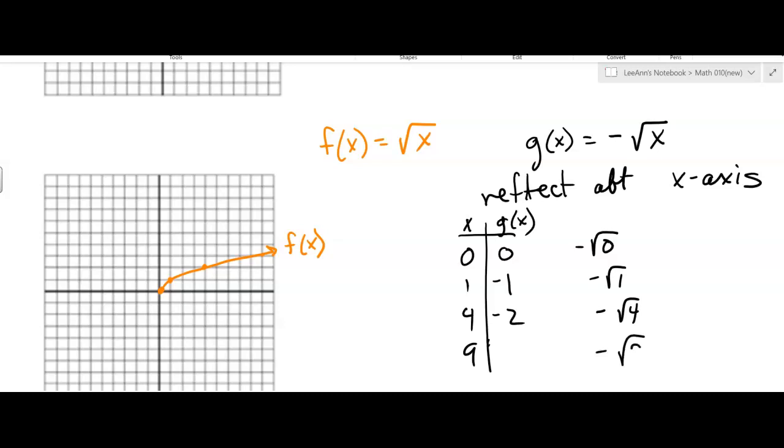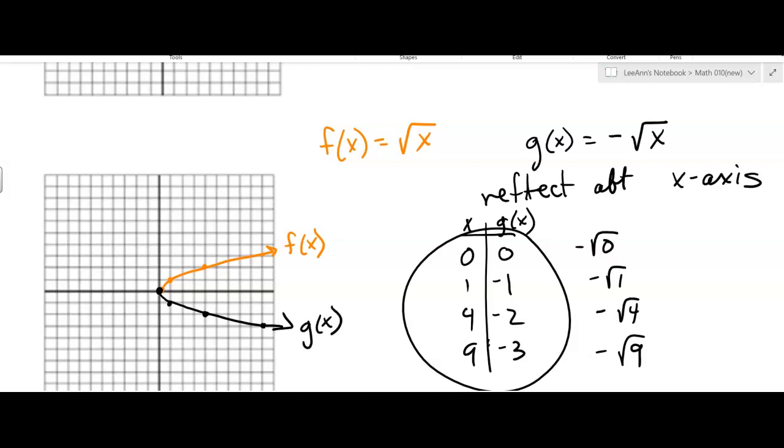And the opposite of the square root of 9 is going to be negative 3. Now, how do those points graph? Well, there's 0, 0, 1, negative 1, 4, negative 2, and 9, negative 3. And so it's going to be going like this. And this would be g of x down here, okay? So it's reflecting about the x-axis.